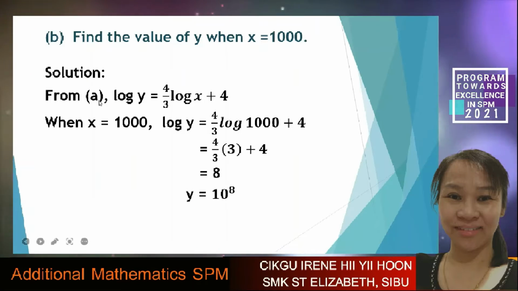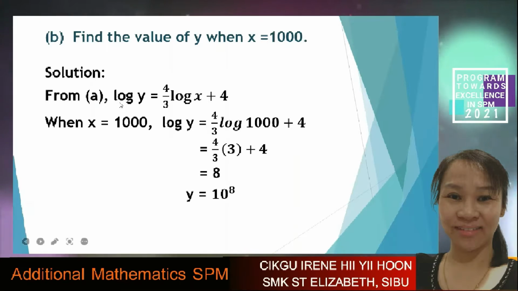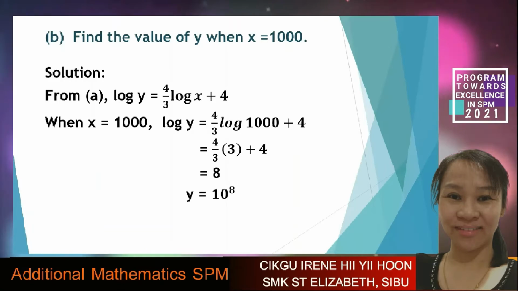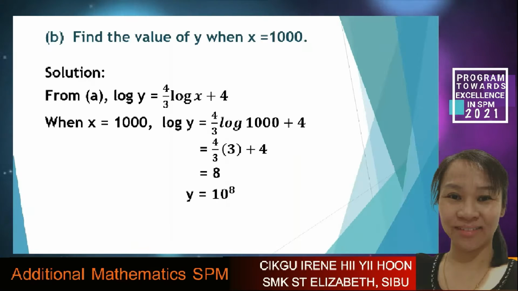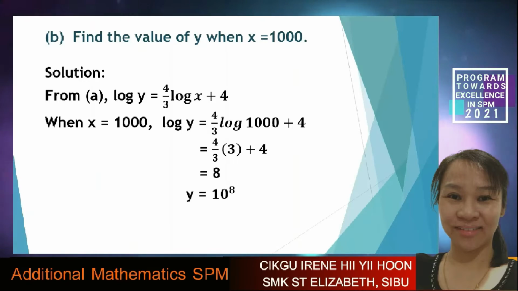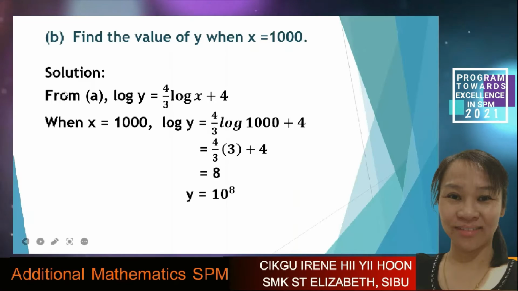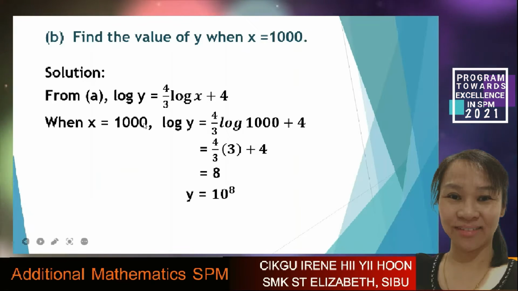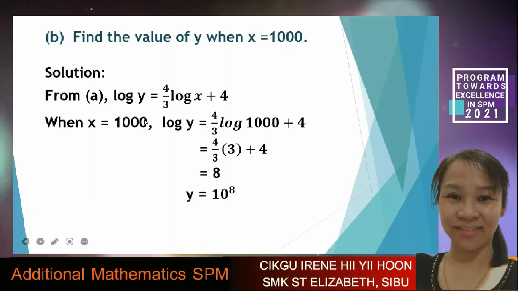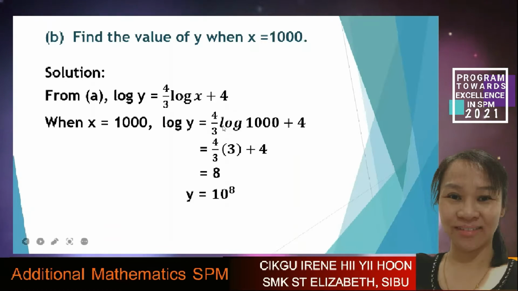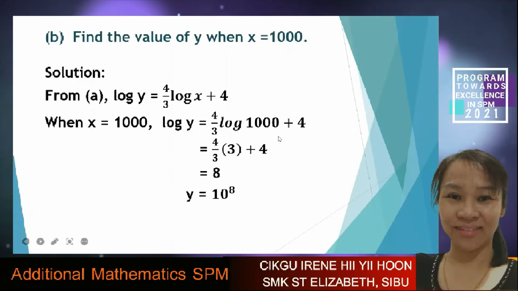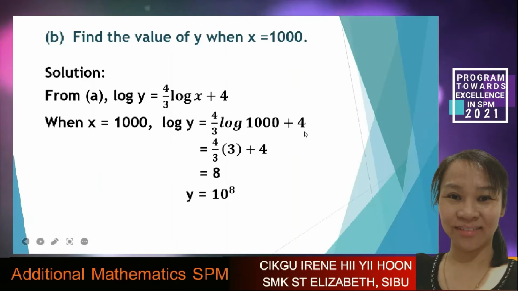From A, we find that the linear equation is log y equals 4 over 3 log x plus 4. So when the value of x is 1000, we substitute the value of x into log x, that is log y equals 4 over 3 log 1000 plus 4.